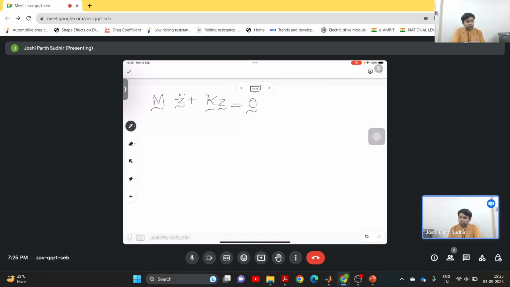To solve this system of equations, let us assume a solution of the form Z is equal to V e to the power lambda t.